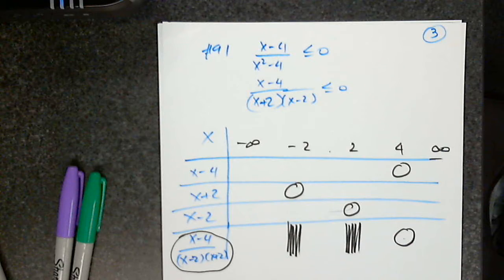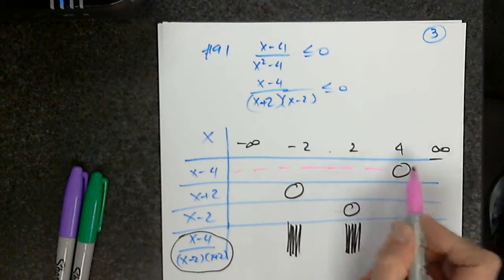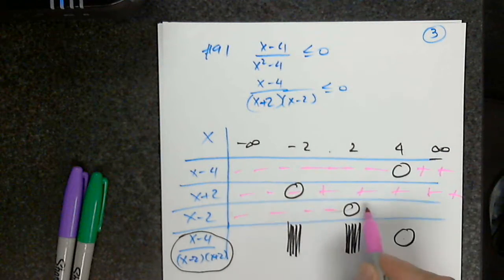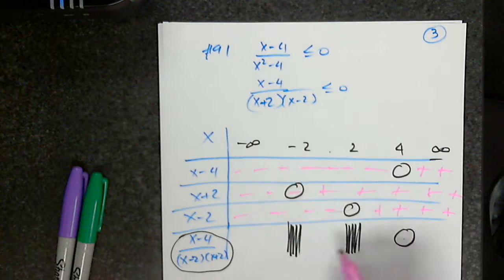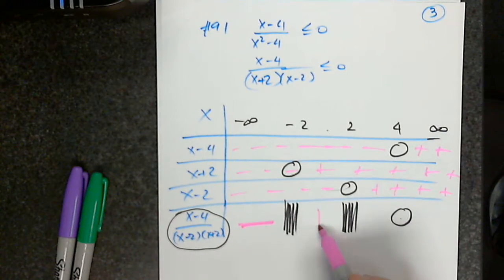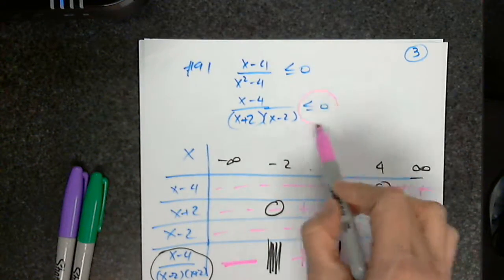It turns out that all these linear functions have a positive slope, so they have to look like this. They come from negative and go positive. So I don't have to think about any of that. Three negatives, two negatives, one negative, and no negatives. Now I look here.